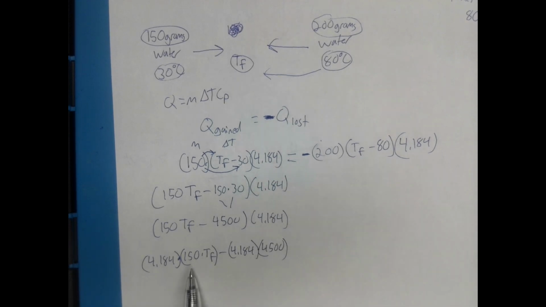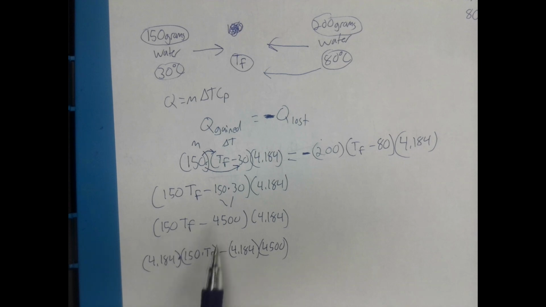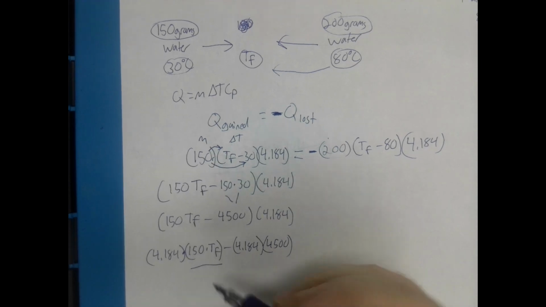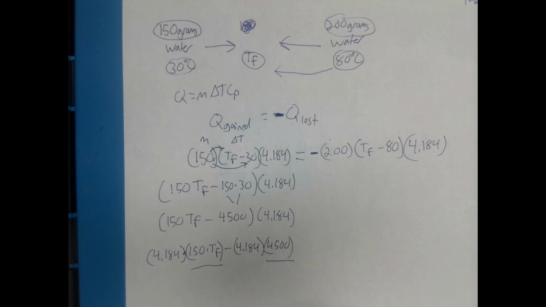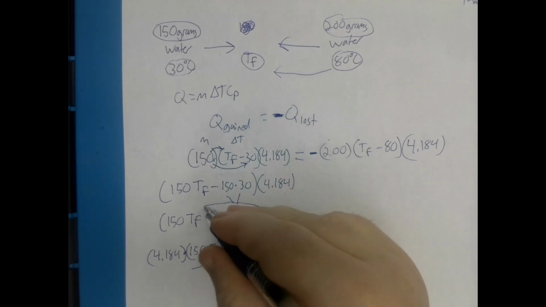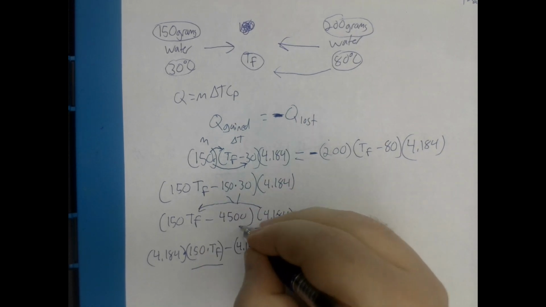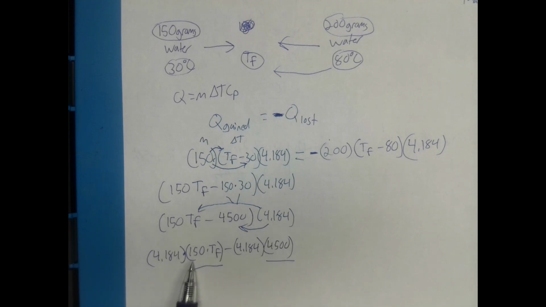So again, I had 150 TF minus 4,500, and this FOILs to each term. This would go in front of the 150 TF and the 4,500.